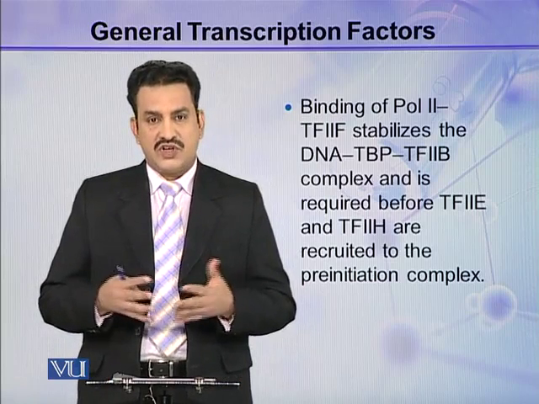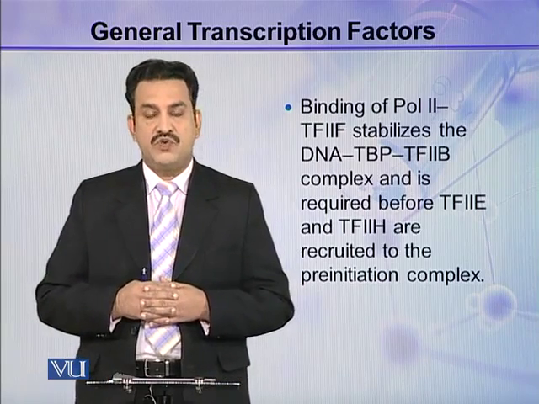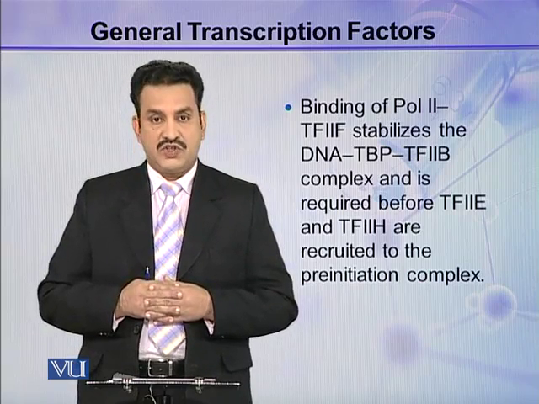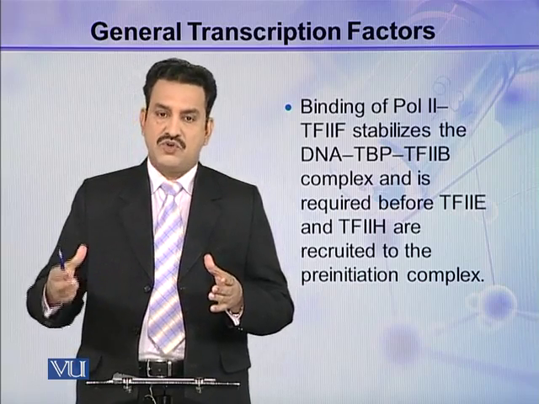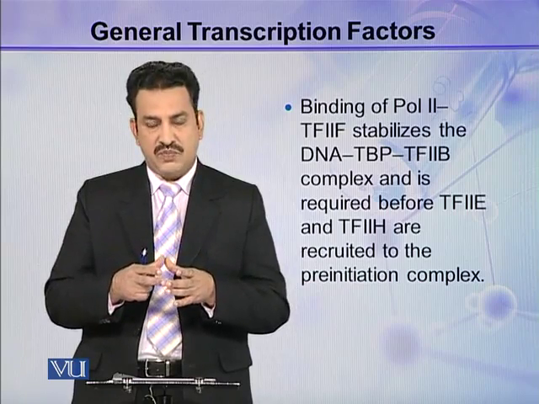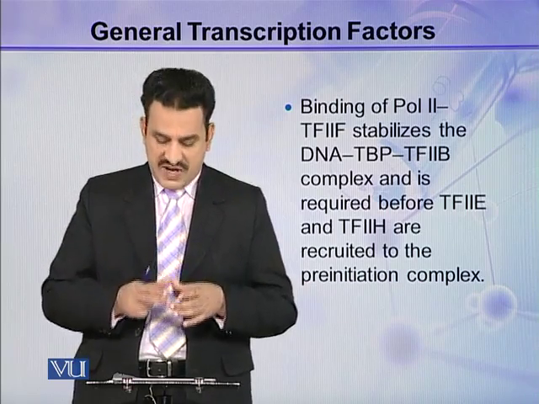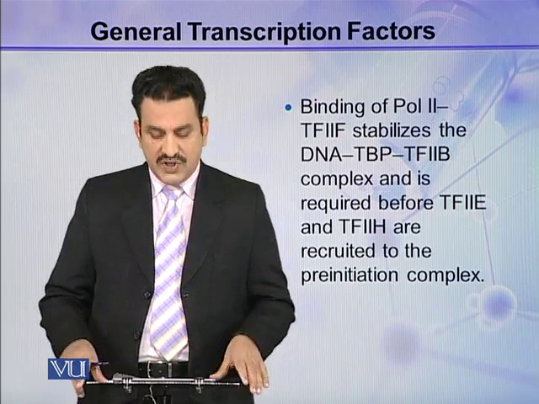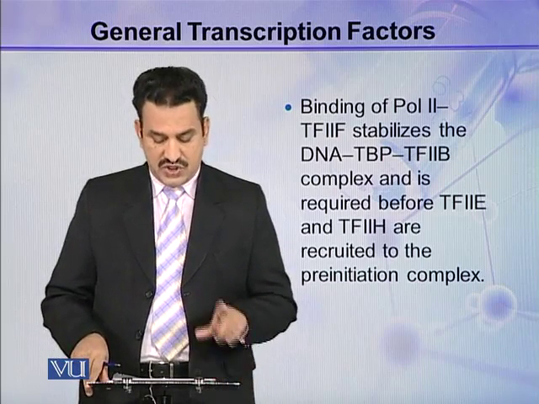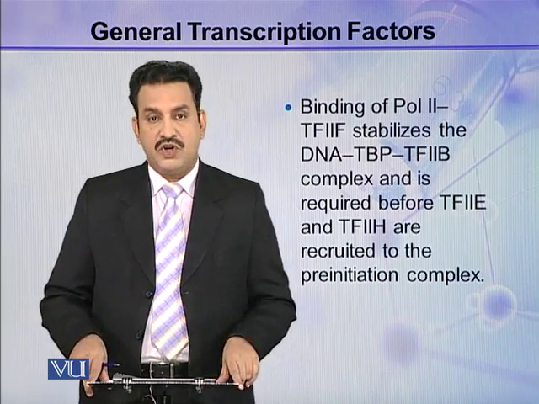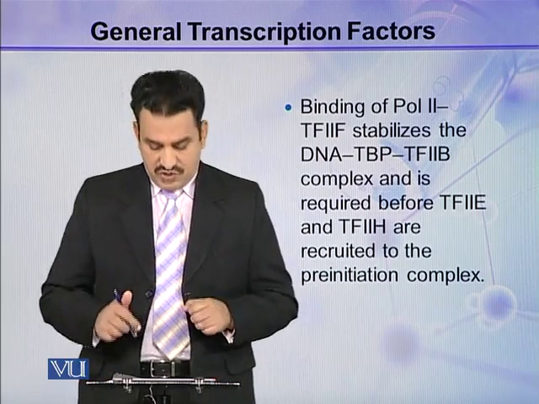So the next transcription factors, which are TF2E and TF2H, have to come to this pre-initiation complex, and before their joining to the complex, this binding of TF2F with the polymerase II is mandatory.